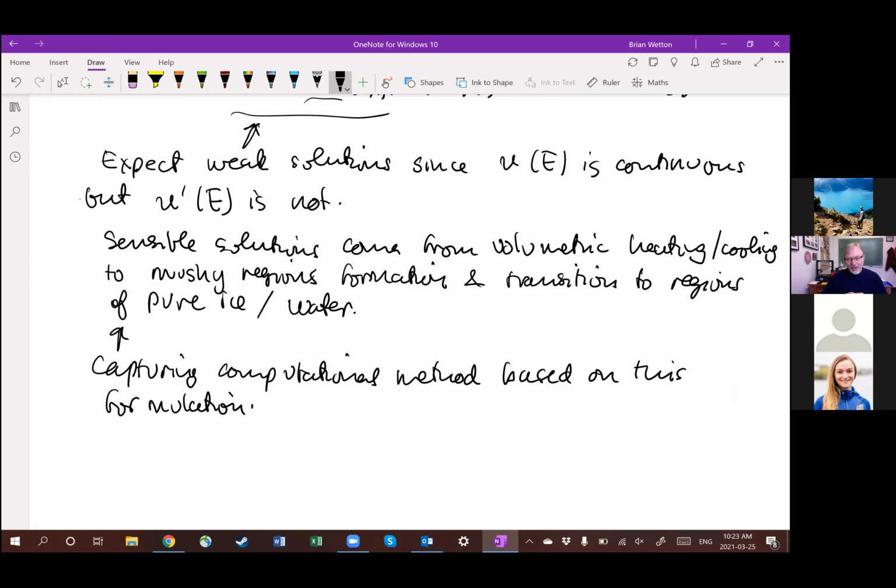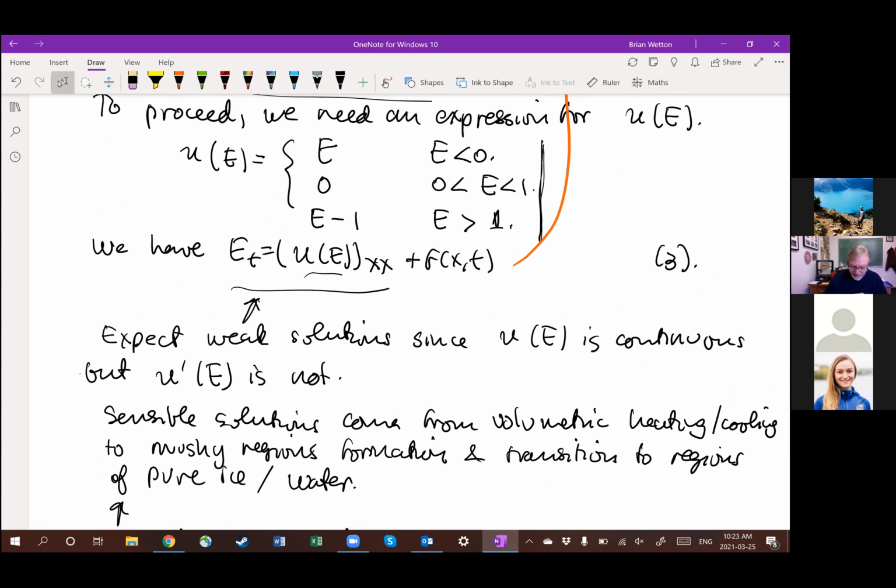And remember what I talked about capturing methods, right? This thing in here doesn't look at where the interfaces are, right? It's just something that as you compute, you'll figure out whether E is less than 0 or bigger than 1.